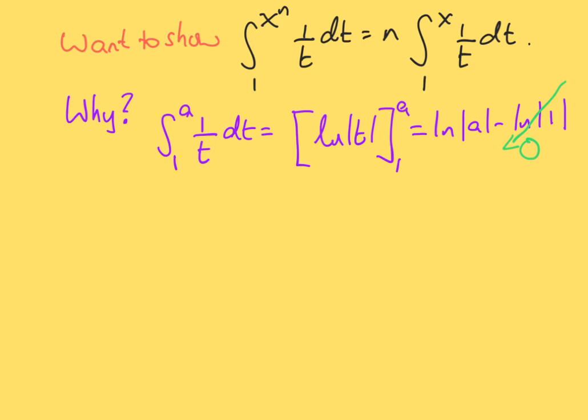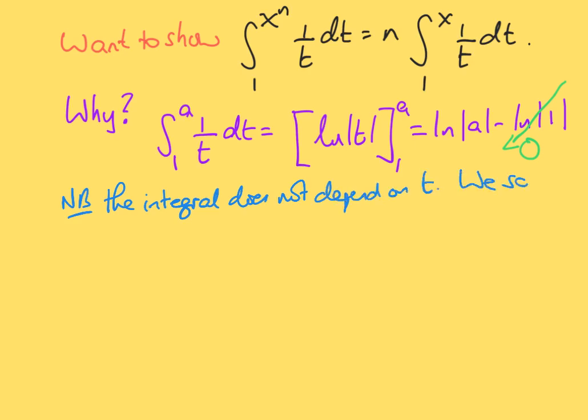And note, by the way, because this is going to be useful to us, that the integral does not depend on t, and we say that t is a dummy variable.